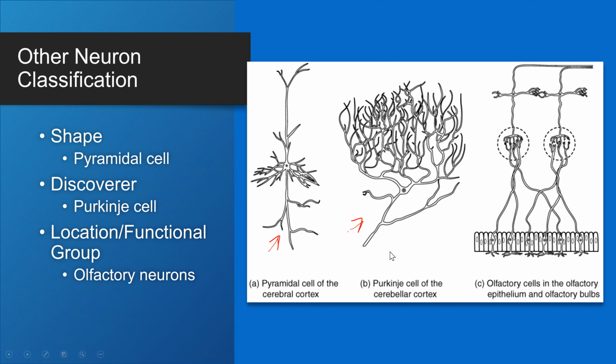So this is cerebrum, this is cerebellum, and this is named based on the person who discovered them. Or we can call them olfactory neurons, like this one right here. Those are bipolar neurons, by the way. It goes all the way over there. So that's a bipolar neuron, but we call it olfactory based on its location.